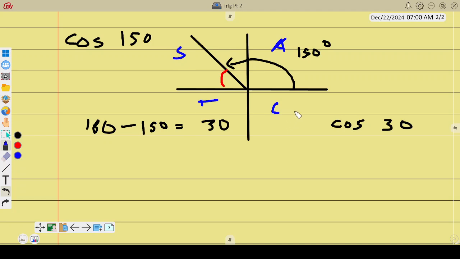So cos is only positive in the fourth quadrant and in the first quadrant. So in here cos is negative. That means here we write negative cos 30. You are following? We have written negative cos 30.